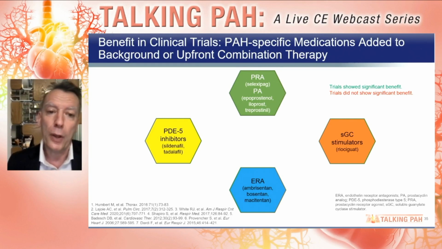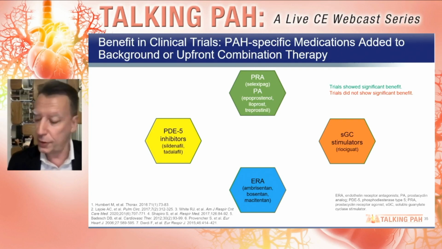Background therapy can be monotherapy and then you add on treatments sequentially, or you may consider upfront combination therapy as indicated in the guidelines, as we discussed a few seconds ago.